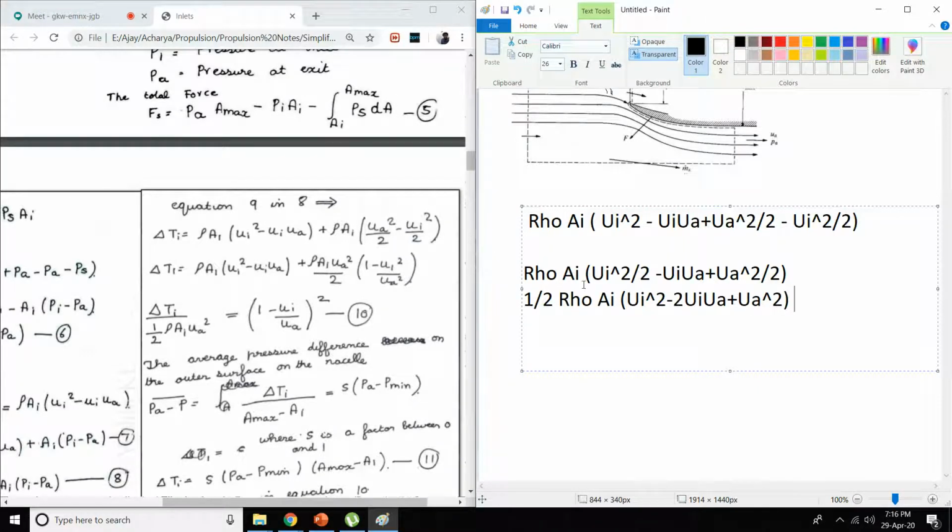If you look at this, it looks like a square minus 2ab plus b square.